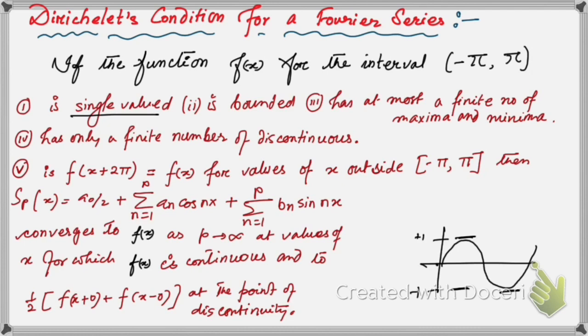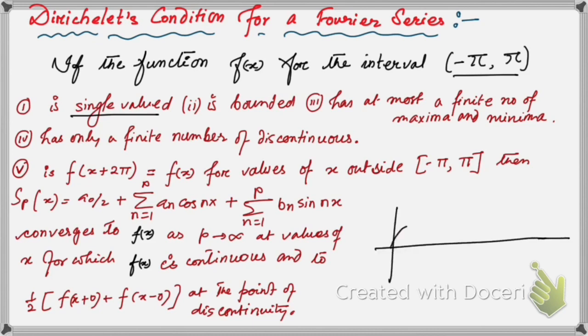So here you see, and it has at most a finite number of maxima and minima within this range. Suppose this is the graph, let me draw it again. So here is the sine graph: this is 0, this is pi by 2, this is pi, then 3 pi by 2, then this is 2 pi. Let me take an interval, 0 to pi, or 0 to 2 pi suppose.